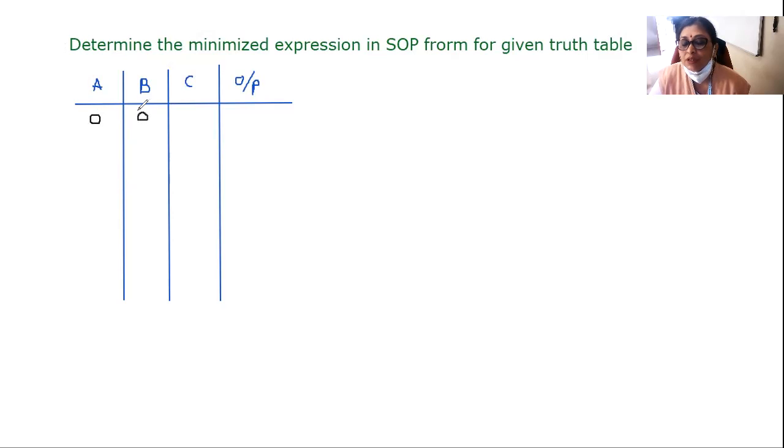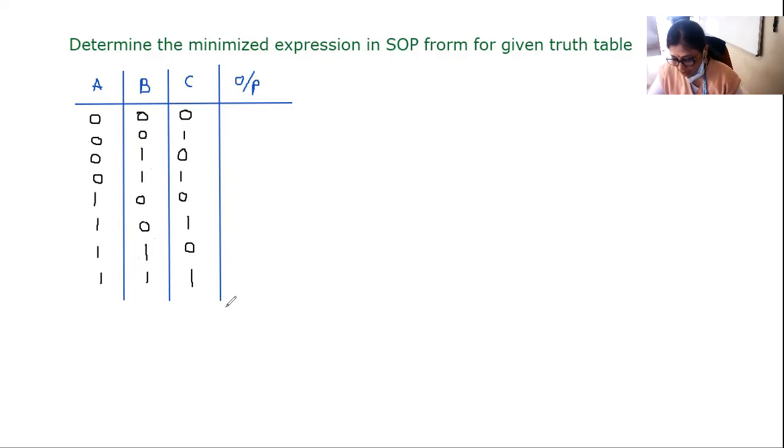Go according to the combination 0, 0, 0, 0, 0, 1, 0, 1, 0, 0, 1, 1, 1, 0, 0, 1, 0, 1, 1, 1, 0, and our last combination is 1, 1, 1.